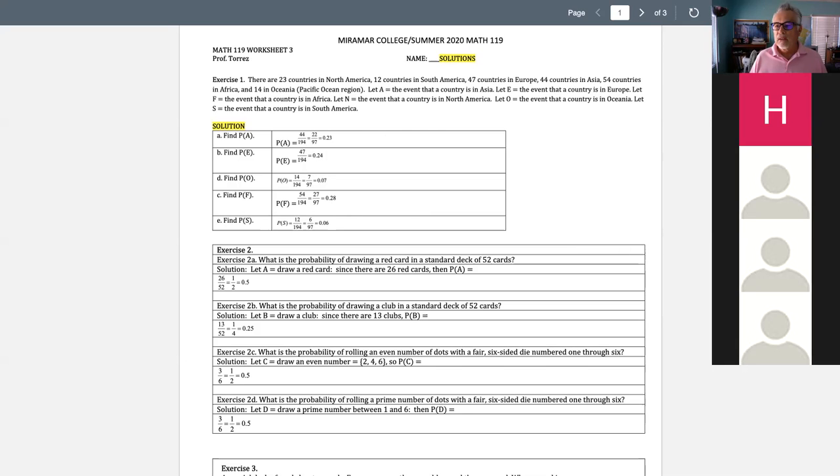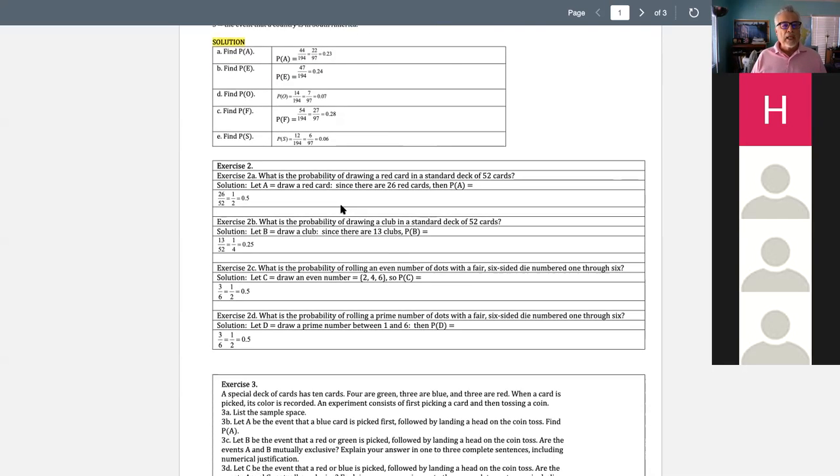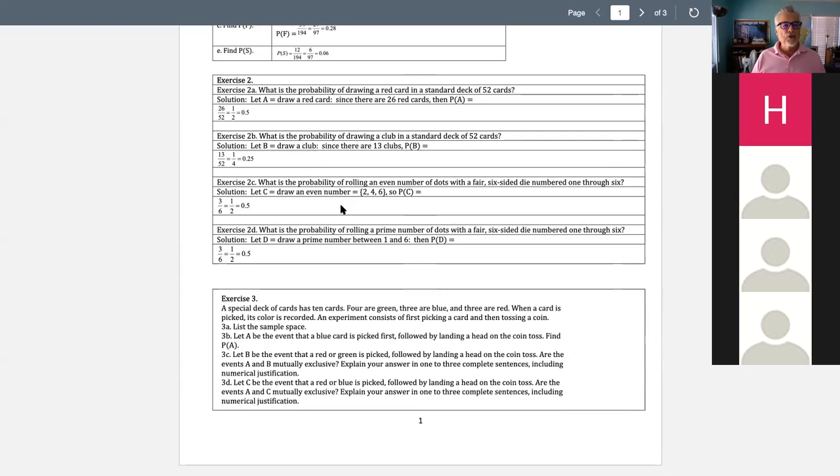There are 54 countries in Africa, and isn't 194 the total? Yes. Okay. So 194, as Gwendolyn asked, we would have to sum up all of these values here to get our denominator, and then we would take the relative frequency. Good. Thanks, Gwendolyn. Okay, let's move into exercise 2.